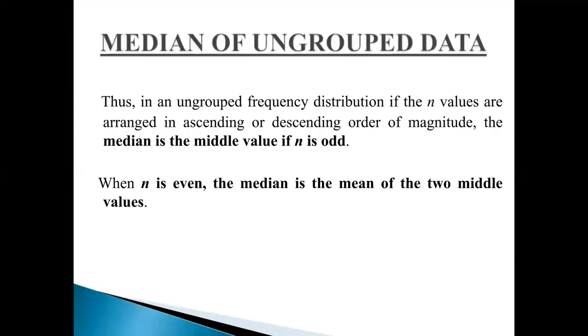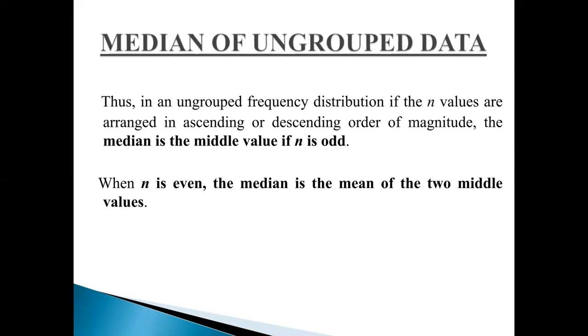In case of ungrouped data, you can have a problem where you will be having only the x values. In such cases, you have to find out whether it is an odd series or an even series. When you arrange the data in ascending or descending order of magnitude, the median will be the middlemost value in case of an odd number.